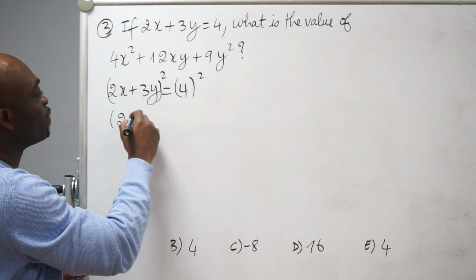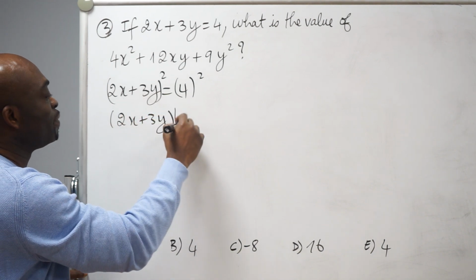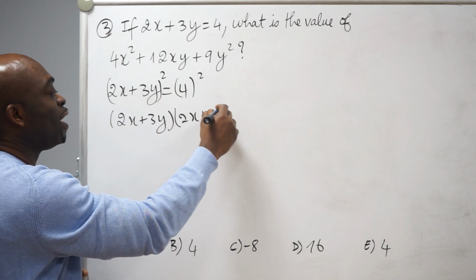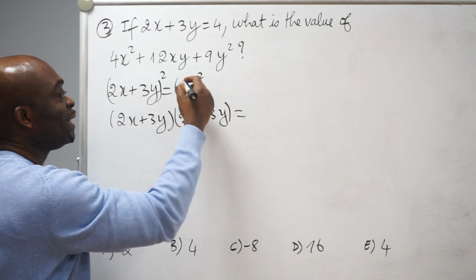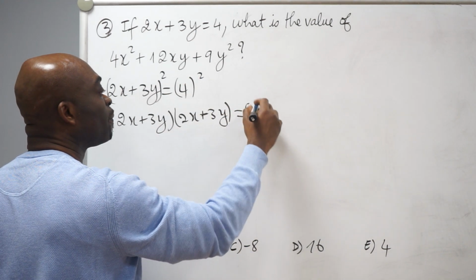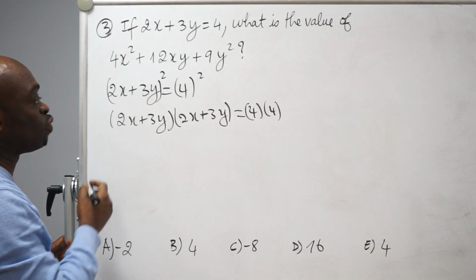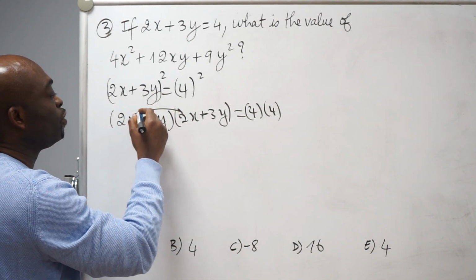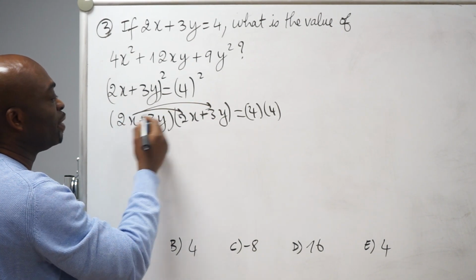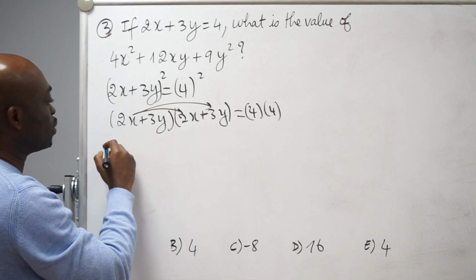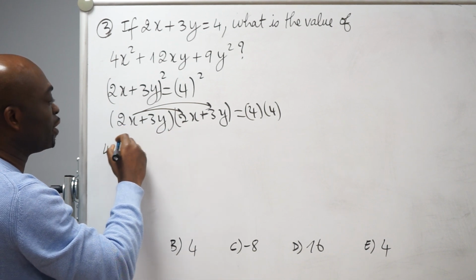This is 2x plus 3y times 2x plus 3y, and that is equal to 4 times 4, which gives us 16. When we multiply this out, we use the FOIL method. The first: 2x times 2x is 4x squared.